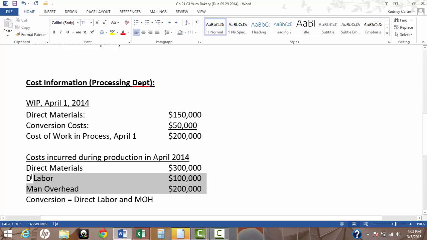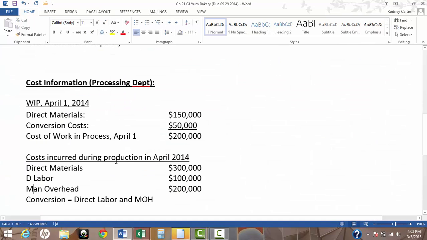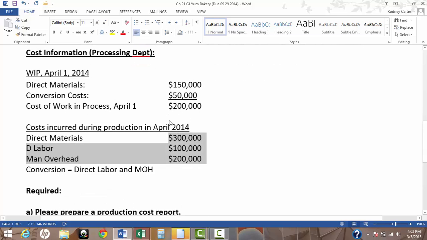Again, this is our conversion costs, direct labor, and manufacturing overhead. Now, if I total up these costs, you'll see that I have $800,000. If I come back over here and add the 200,000 plus the 600,000, that gives me the $800,000. We've accounted for all the costs here.